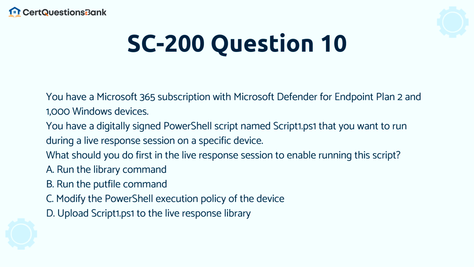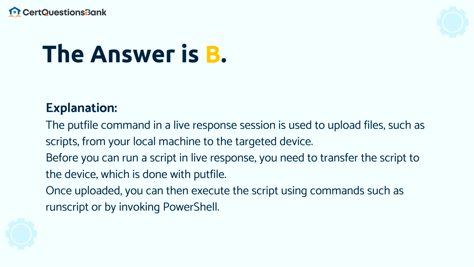What should you do first in the live response session to enable running this script? A. Run the library command. B. Run the put file command. C. Modify the PowerShell execution policy of the device. D. Upload script1.ps1 to the live response library. The answer is B.